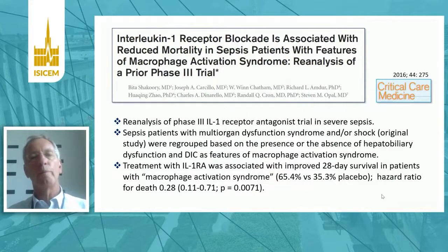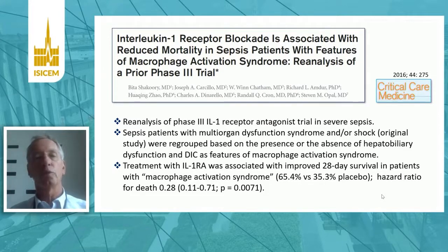The relevance for macrophage activation syndrome for sepsis has been illustrated by a recent retrospective analysis of a trial in patients with sepsis, septic shock and severe sepsis that evaluated anakinra, which is interleukin-1 receptor antagonist, for efficacy in reducing mortality in these patients. The original trial was published a long time ago in the early 90s and did not show a survival benefit.